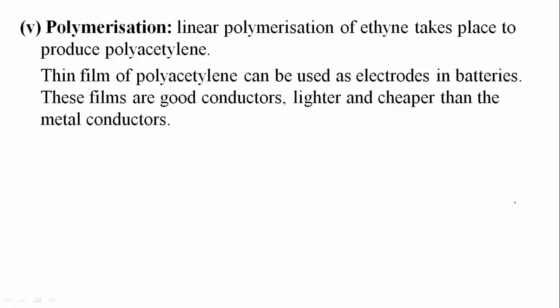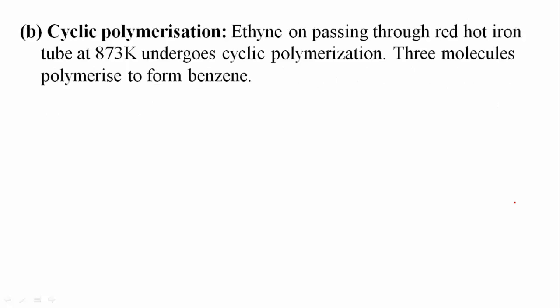Upon polymerization of ethyne, polyacetylene will be formed, and it is used for many purposes. The thin film of polyacetylene can be used as electrodes in batteries, and these films are good conductors, lighter and cheaper than metal conductors.